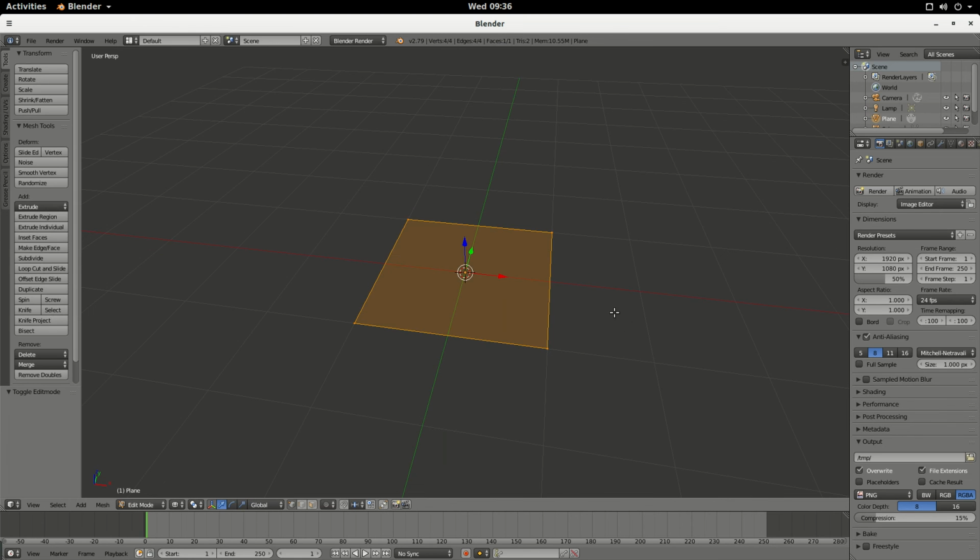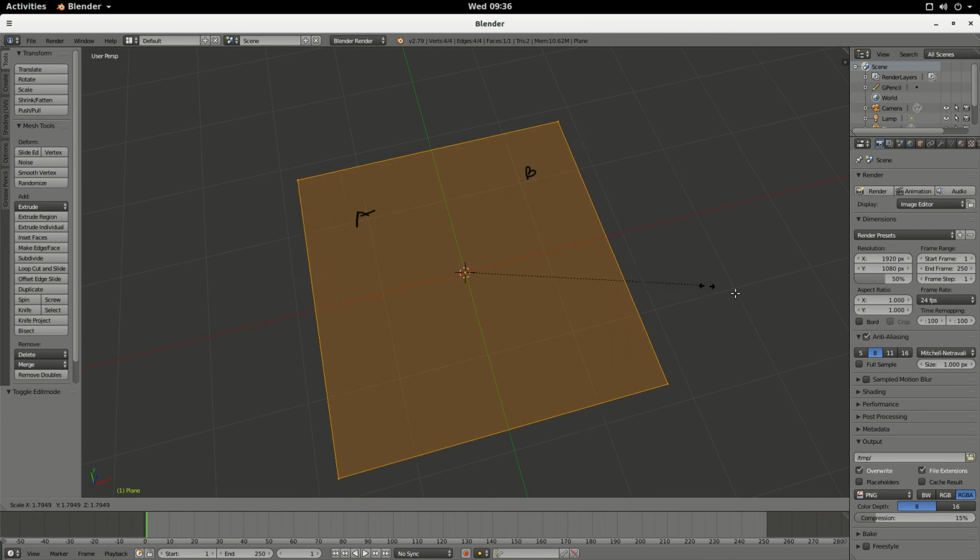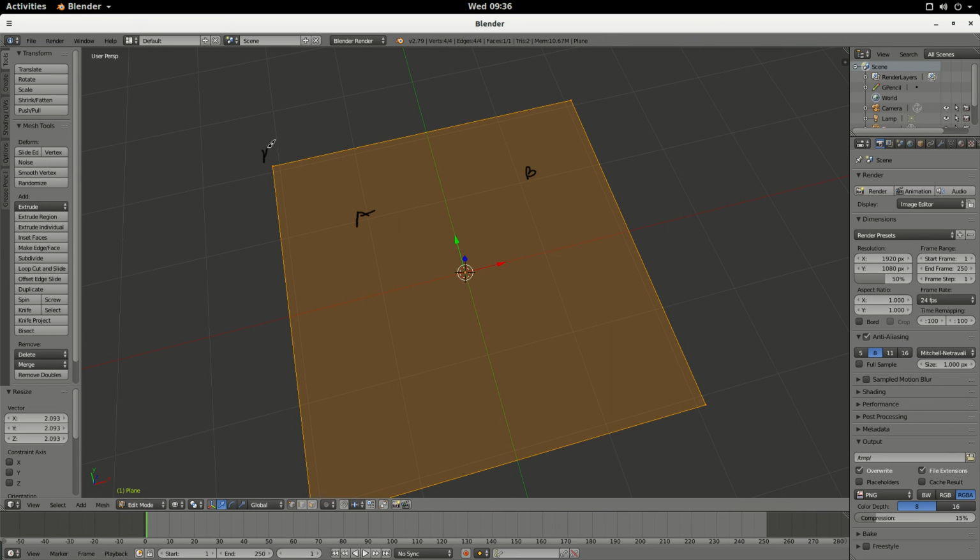So let us take this plane over here, and if I scale this, let's say this is vertex A and this is vertex B. If I scale them, even after scaling, vertex A prime and vertex B prime will still be attached to each other.